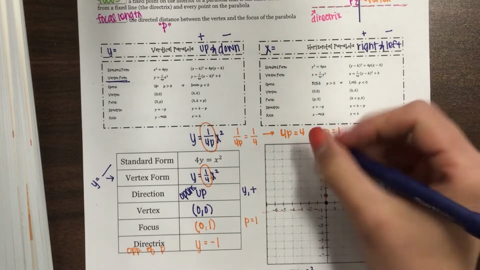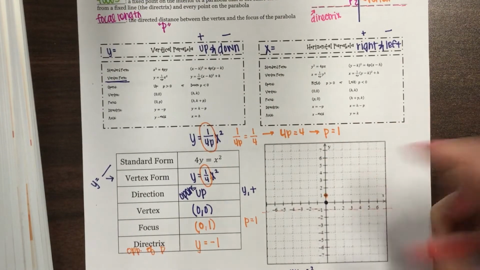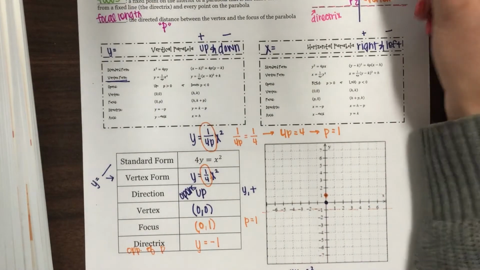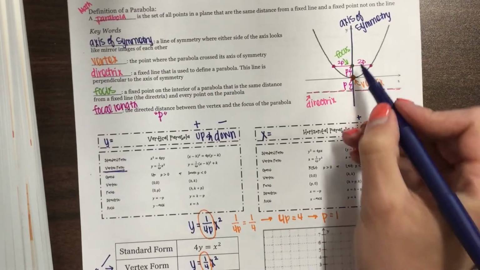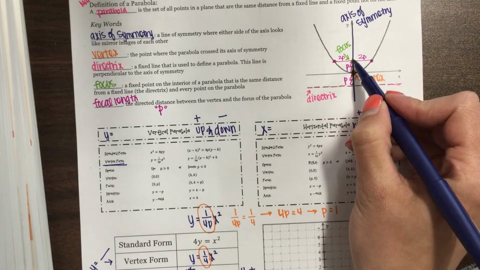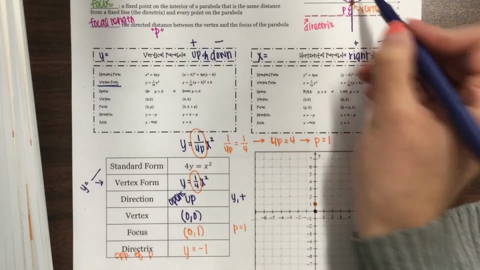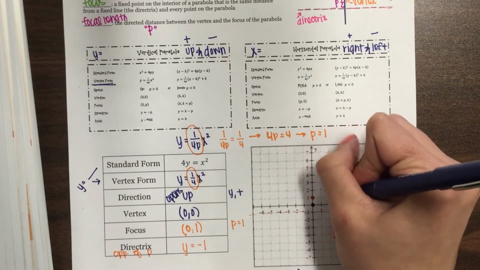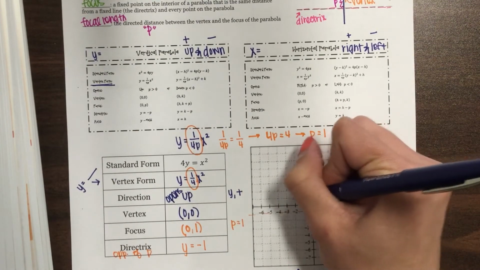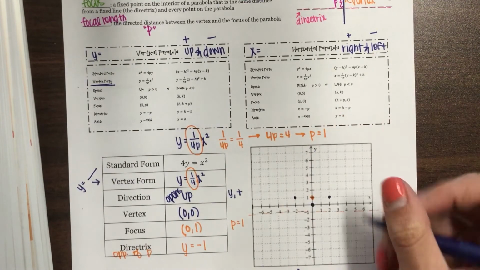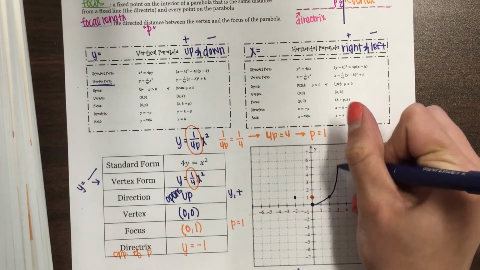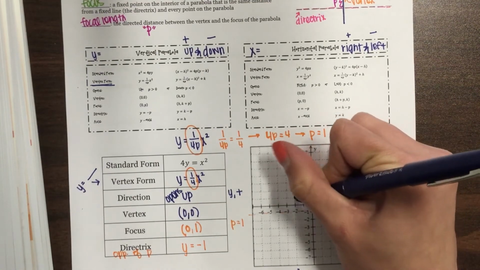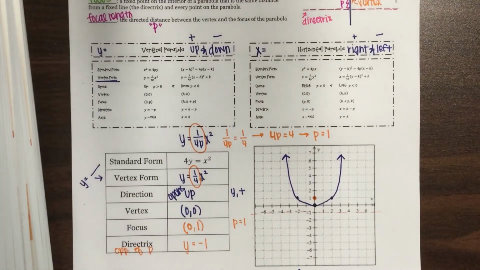And then this is my p length, which is 1, which means it's always double your p to go out. So from the focus, you're going to go out double whatever your p value is. This was 1, so I'm going to go out 2. Then from there, I can just graph this up and draw this out. And I made my U-shaped graph.